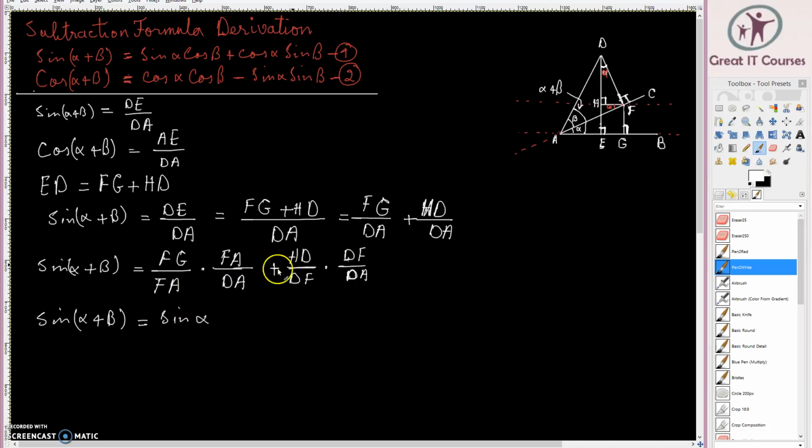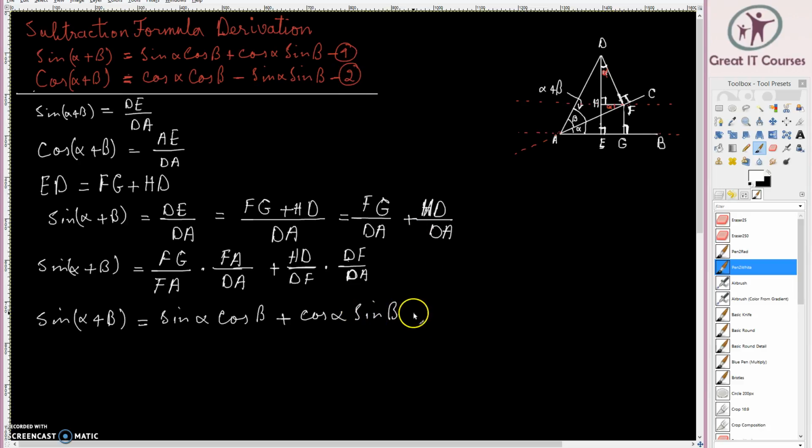This thing over here, FA by dA is cos beta, plus HD by DF, so HD by DF over here is basically cos alpha, and DF by dA, DF by dA is sine beta.